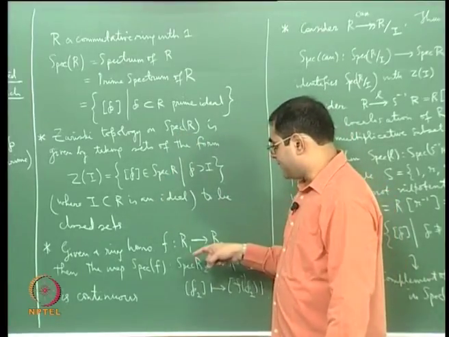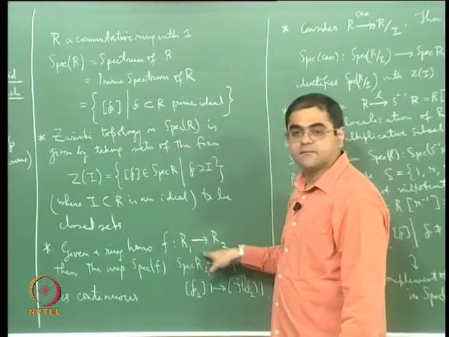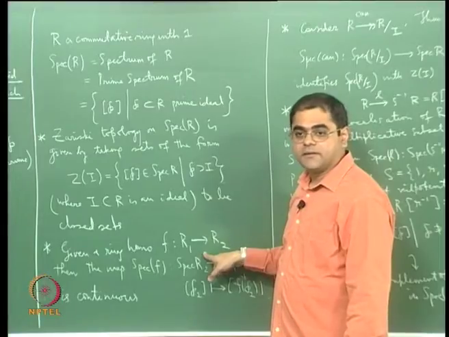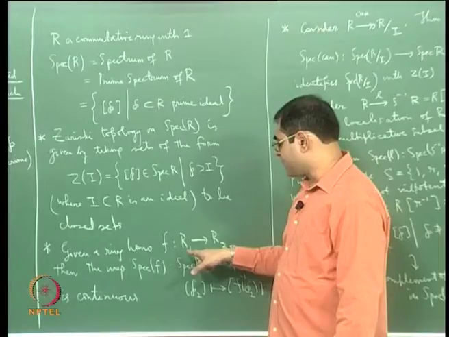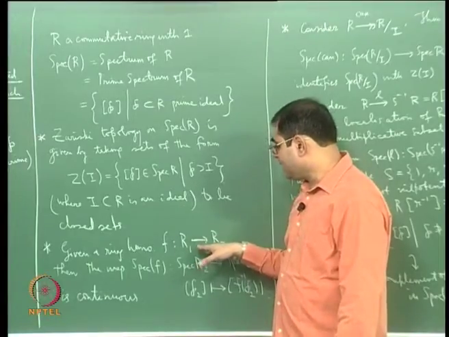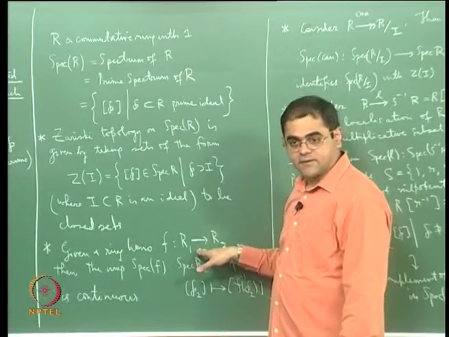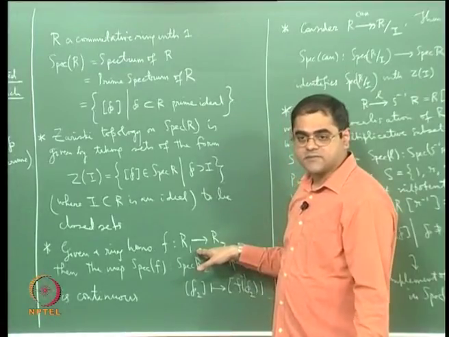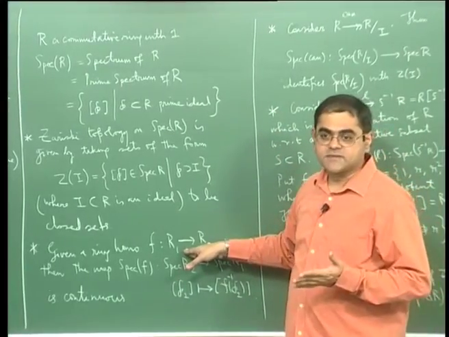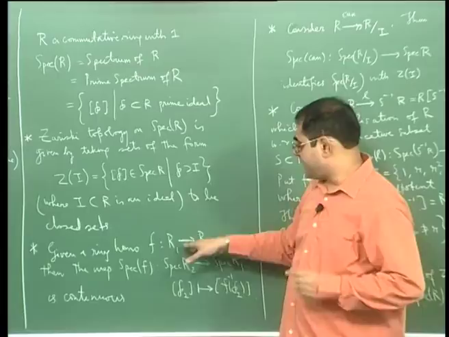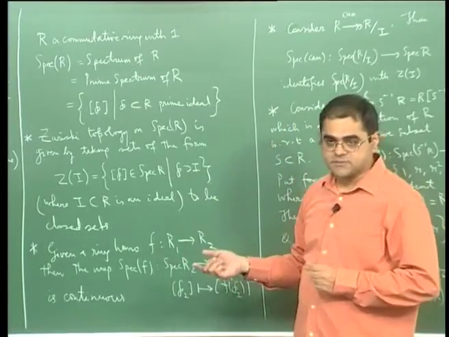And the formation of the spectrum is actually a functor. It is what is called a contravariant functor. Okay, so it's a contravariant functor from the category of commutative rings with 1. The objects are commutative rings with 1, and the morphisms are ring homomorphisms which take 1 to 1, and it's a contravariant functor from this category to the category of topological spaces.